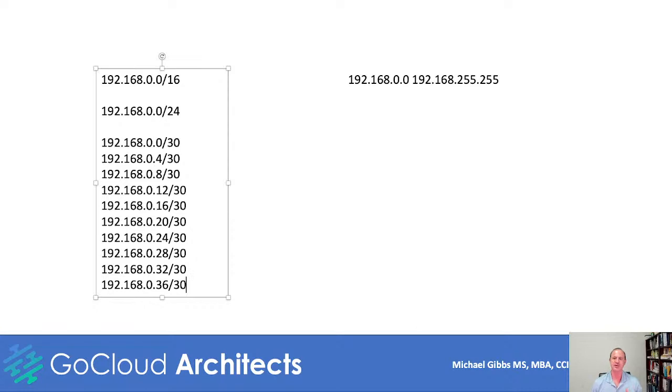Because 192.168.0.0/30 is the subnet. 192.168.0.1 is usable. 192.168.0.2 is usable. 192.168.0.3 is a broadcast. Guess what? We're now on the new subnet because they increment by 4. 192.168.0.4 is the network. 192.168.0.5 and .6 are usable. 192.168.0.7 is broadcast. Does that make sense to everybody?